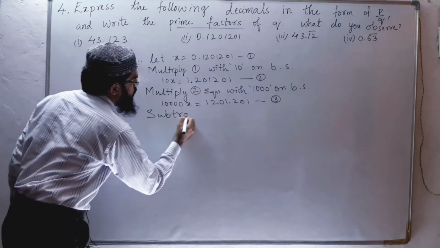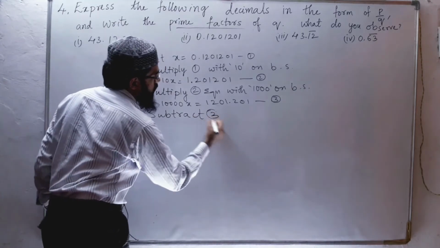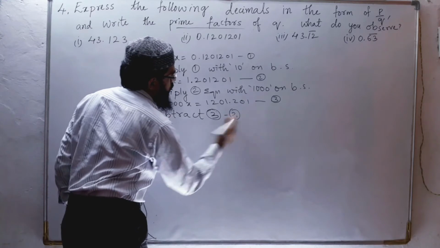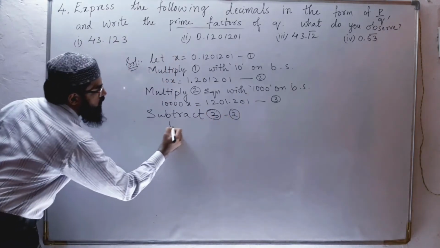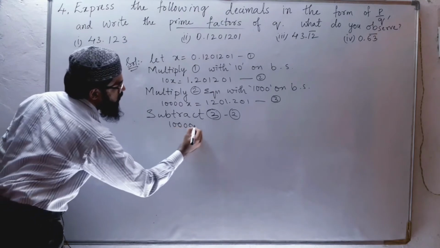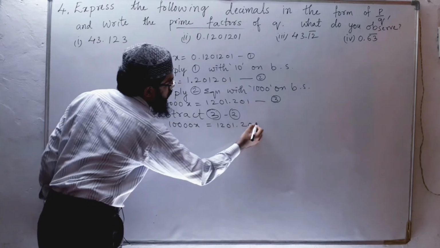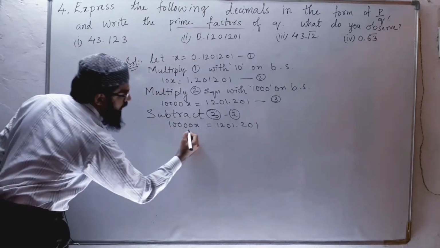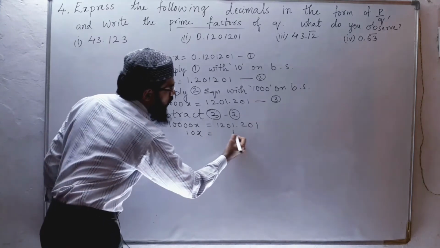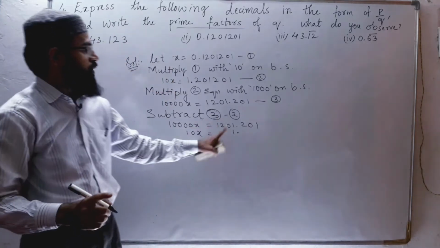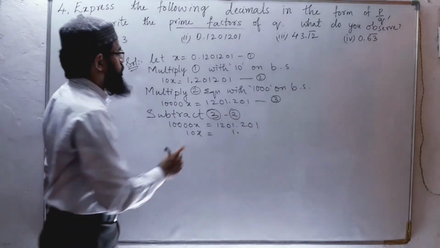Now we will subtract the second equation from the third. So 10,000x equals 1201.201 and 10x equals 1.201. Here we have to remember that the decimals should be in one vertical line.